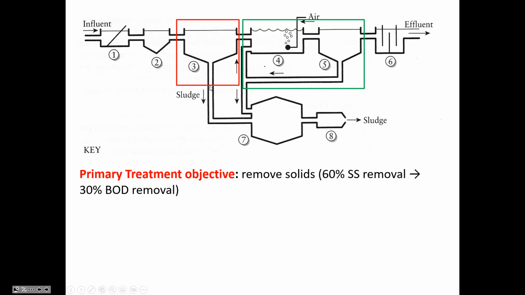And so BOD, this pollutant that we're eager to remove from wastewater because it suppresses the oxygen concentration in the water that's going to accept this wastewater, BOD exists both as particles and it's dissolved in the water. And so through primary treatment, we're trying to remove as much of the particulate BOD as we possibly can.